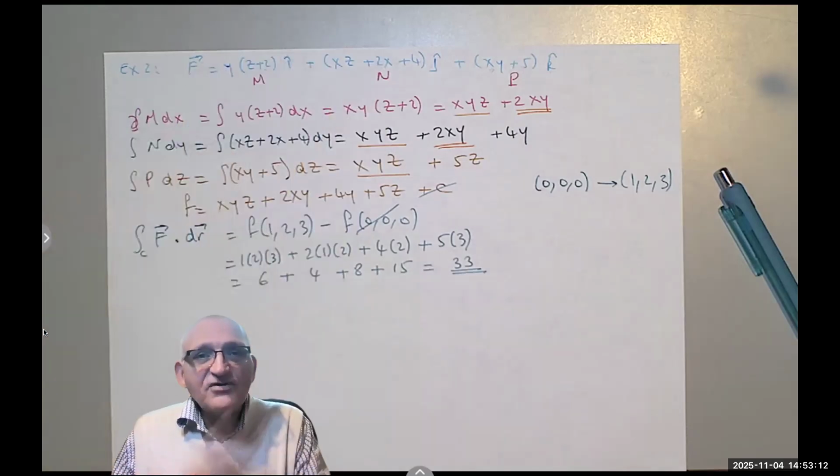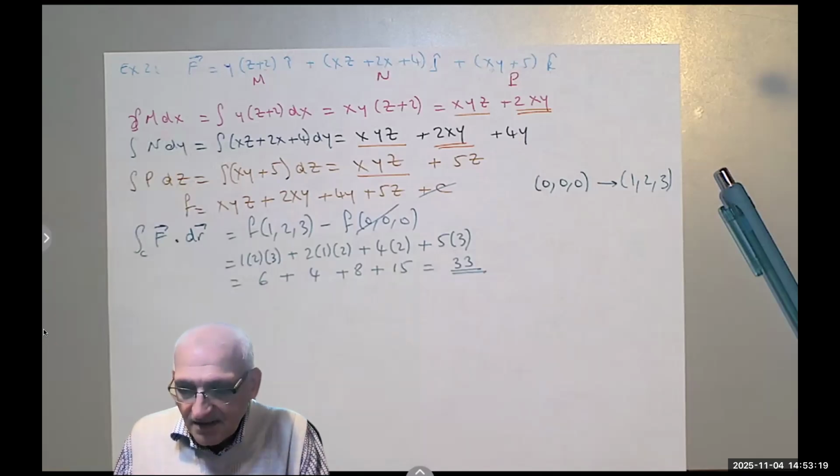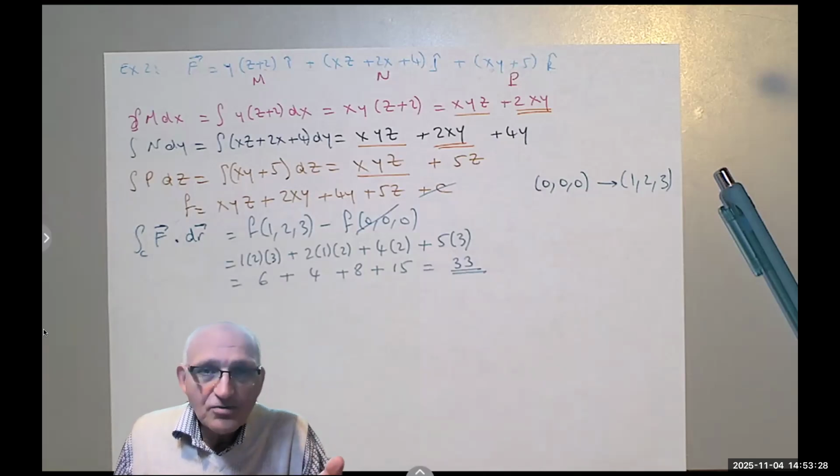Now in 3D, it's even worse than what we had in the previous example, right? So conservative fields make things much easier, and they have no rotation. We say the curl is zero.